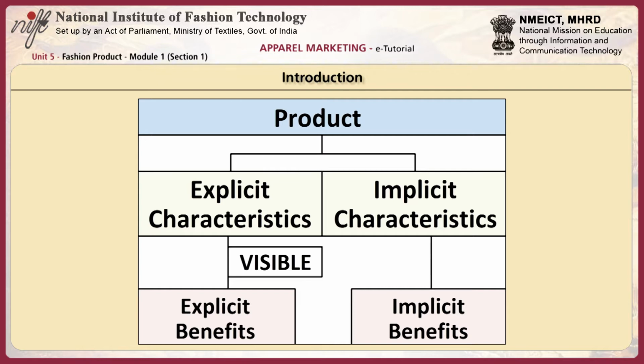Say, for example, the explicit characteristics of the product are, as discussed, size, color, brand, packaging, etc. Whereas the implicit characteristics of the product, say for example a fruit. A fruit is known mostly by the implicit characteristics like the smell, the odor, the taste, etc.